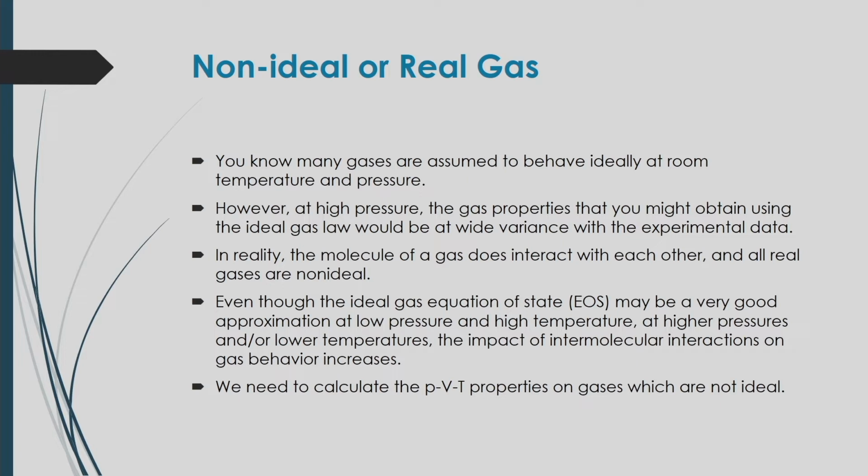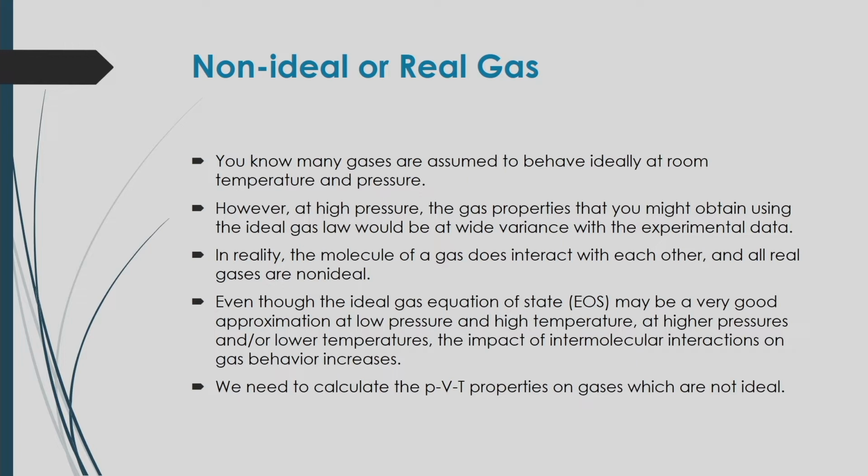Even though the ideal gas equation of state may be a very good approximation at low pressure and high temperature, at higher pressure and lower temperatures the impact of intermolecular interactions on gas behavior increases.